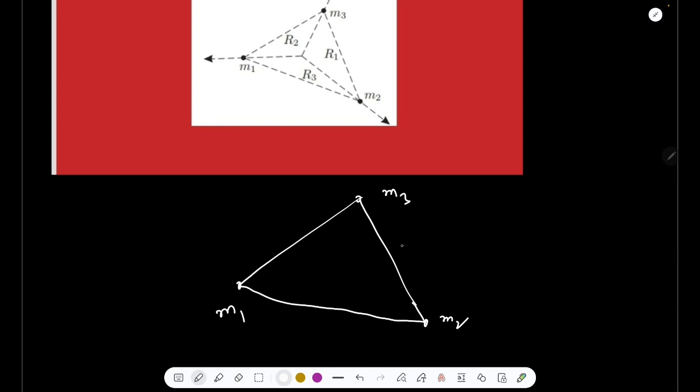The side lengths are R1, R2 and R3 like this.